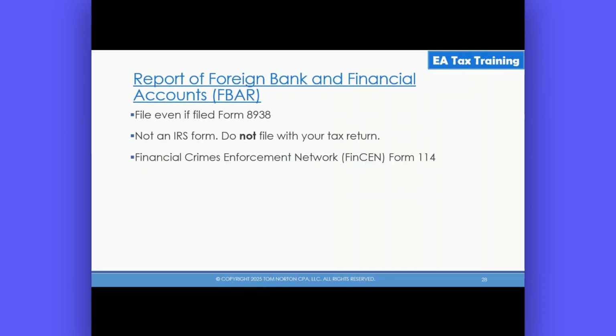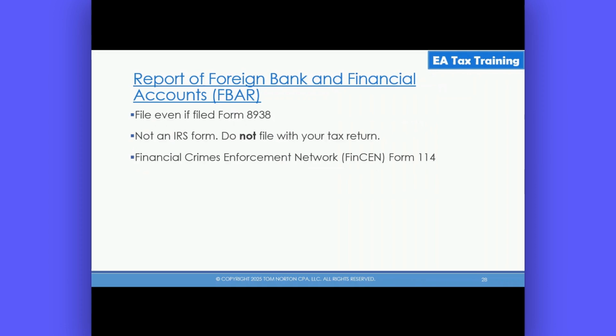Then our third possible reporting that you will have to do is the FBAR. So it is the Report of Foreign Bank and Financial Accounts, commonly called the FBAR. It is also called FinCEN Form 114. That's the Financial Crimes Enforcement Network Form 114. Same thing.